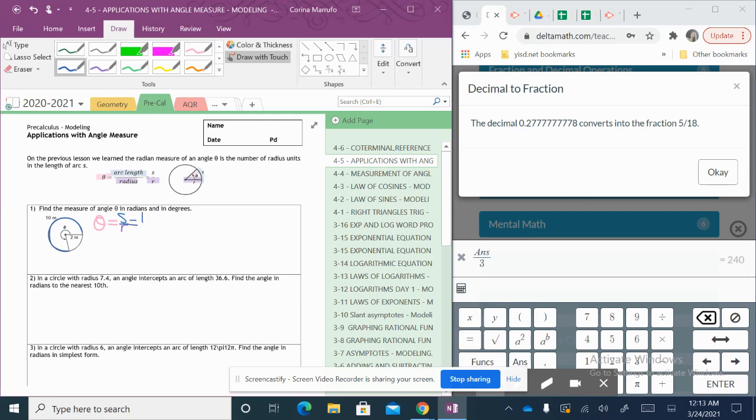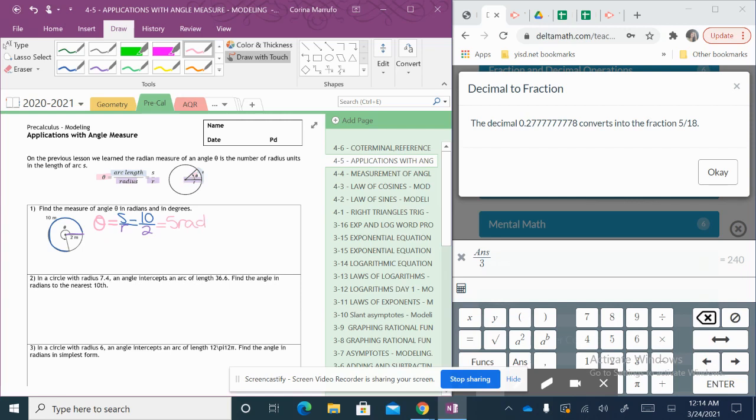So on the top, I'm going to put 10. And then on the bottom is our radius, which is here, and that's the 2. So theta equals s over r equals 10 over 2, which is just 5. So 5 radians is this angle here.